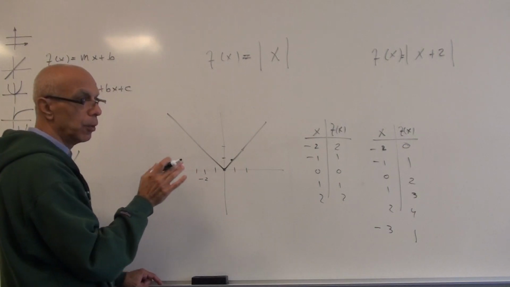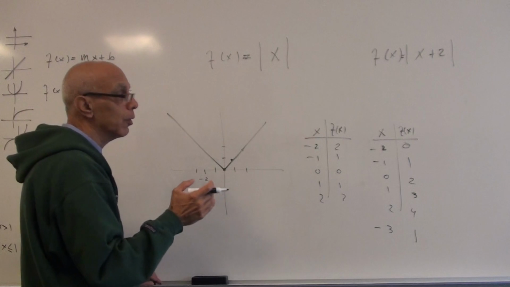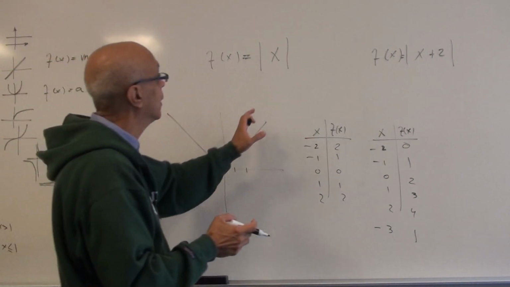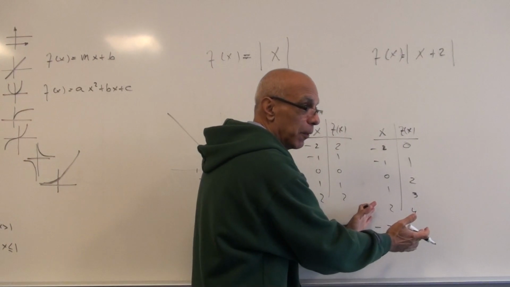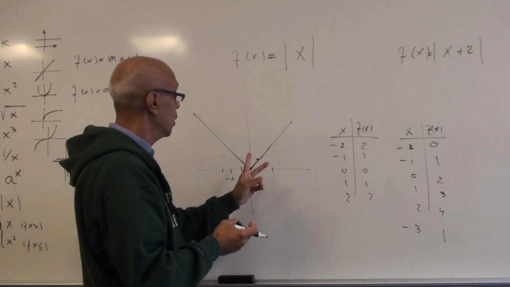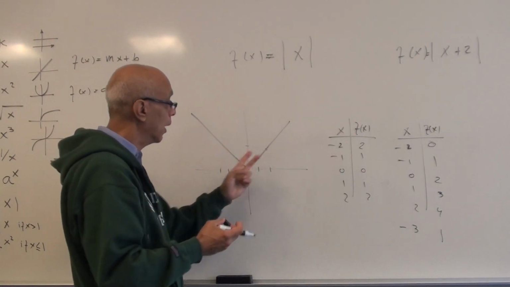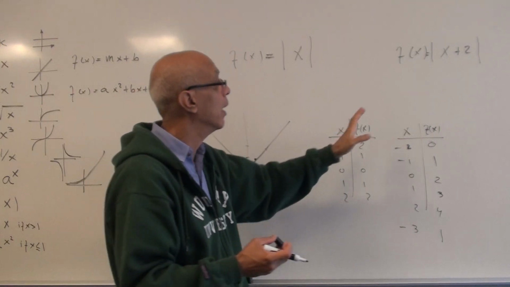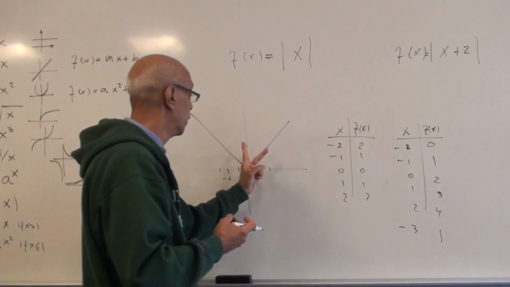So when you don't know, what are you going to do? If you're on a quiz and I say, graph this, you're going to do this table, right? If you're not sure, or if you've done this a lot of times, and I hope you do at home, then you'll be able to figure out right away: if I add 2 here, it's going to shift to the left.